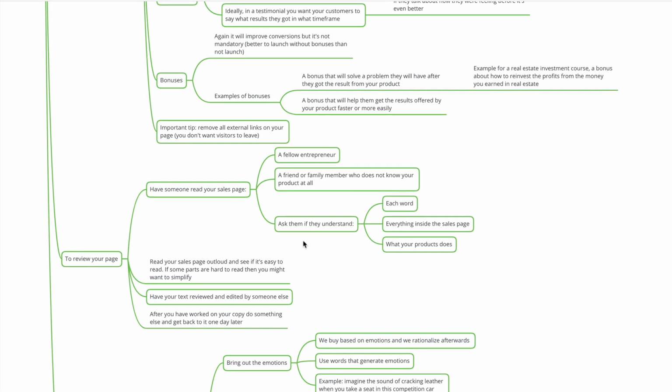If everything is crystal clear, ask them if they understand what your product does. That's going to be very important. What you can do and what you should do is read your sales page out loud and see if it's easy to read. If it's not, it means that probably some parts are hard to read and need to be simplified.